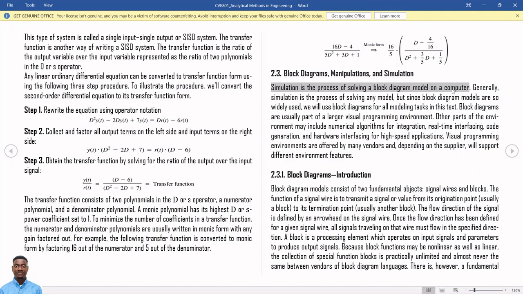Block diagram is the common term used when we are talking about models in this case. So when I say block diagram, I mean the mathematical model of a certain system. We can build block diagrams using visual programming environments.